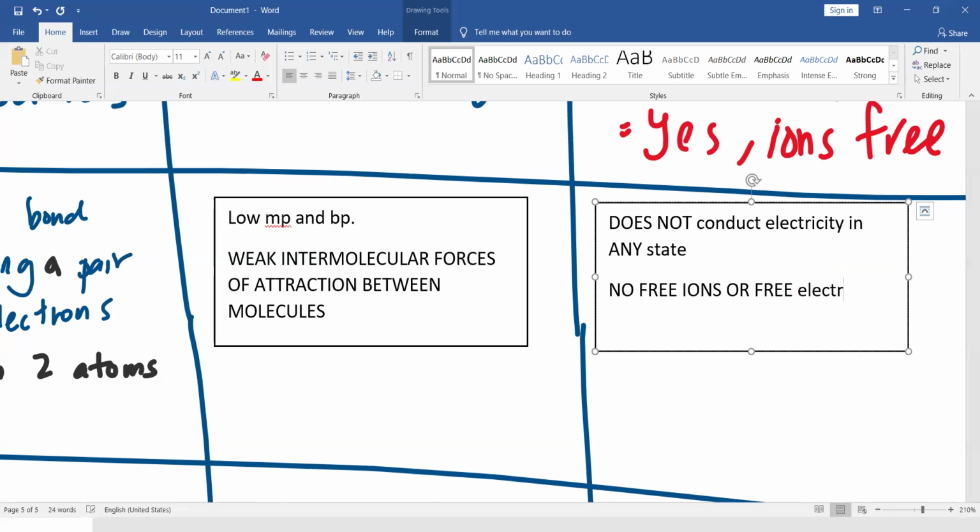It only has neutral molecules, okay? Ready? All right.